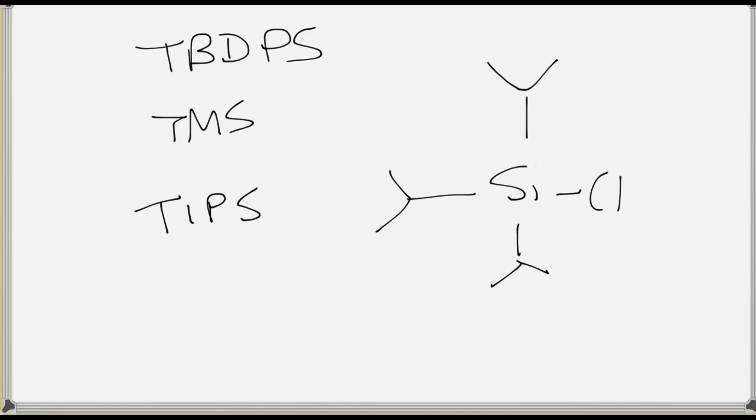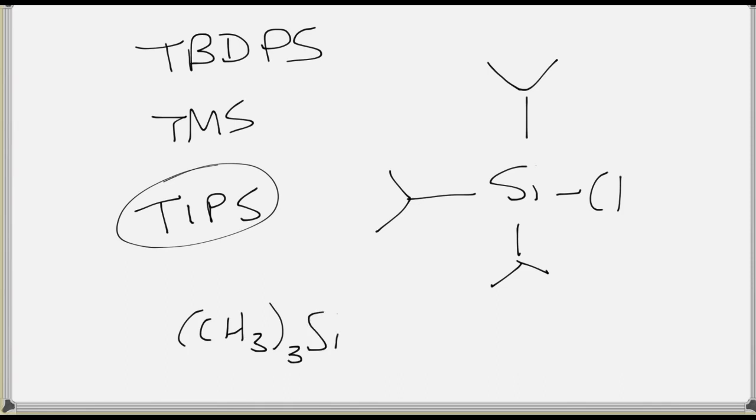So this is triisopropyl. This is the one we just saw, trimethylsilyl. TBDPS is tert-butyl diphenylsilyl. So it doesn't matter. Let's clean this off. It doesn't matter what protecting group you use in this class.